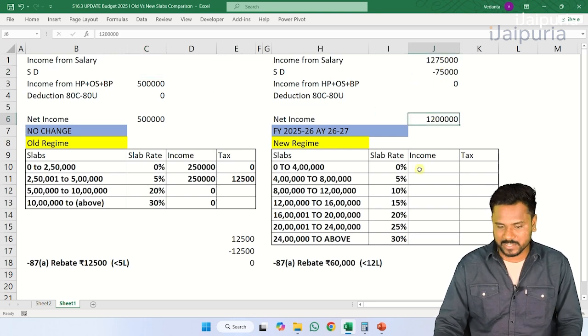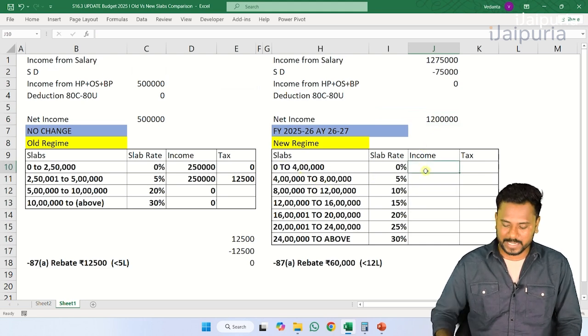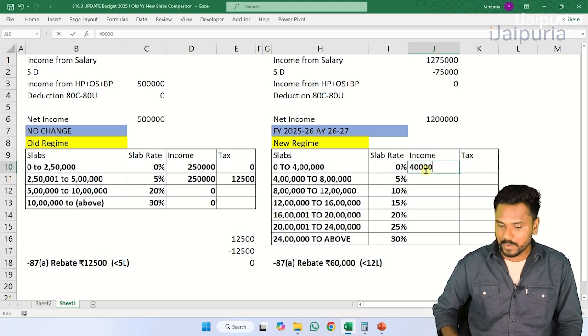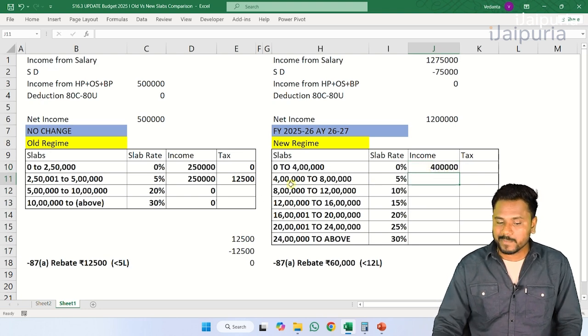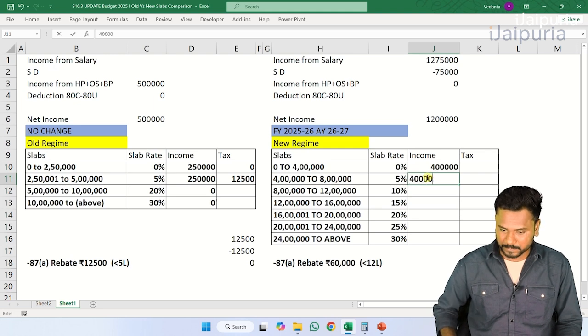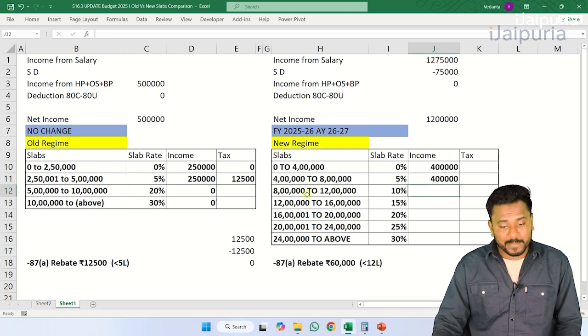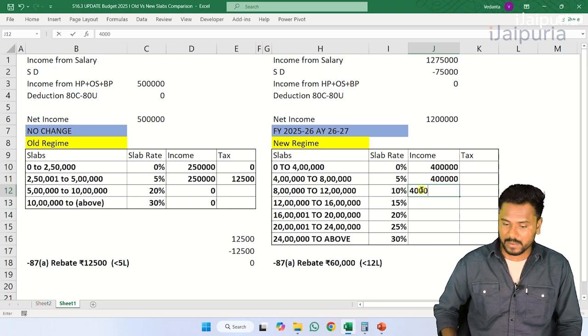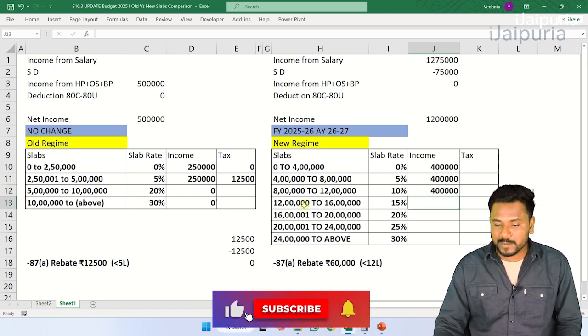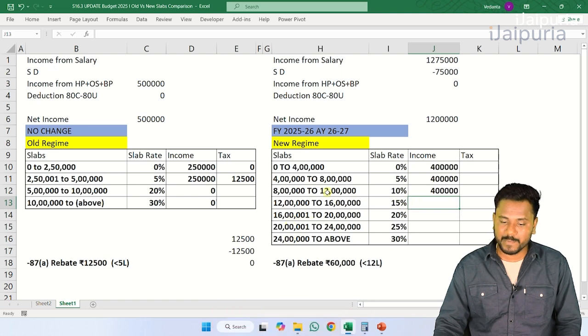On this 12 lakhs, if we divide it into the slabs, out of 12 lakhs, the income between 0 to 4 lakhs is 4 lakhs, between 4 to 8 lakhs is again 4 lakhs, and between 8 to 12 lakhs is again 4 lakhs. And we don't have any income more than 12 lakhs, more than 16, 20, 24. We have income up to 12 lakhs.